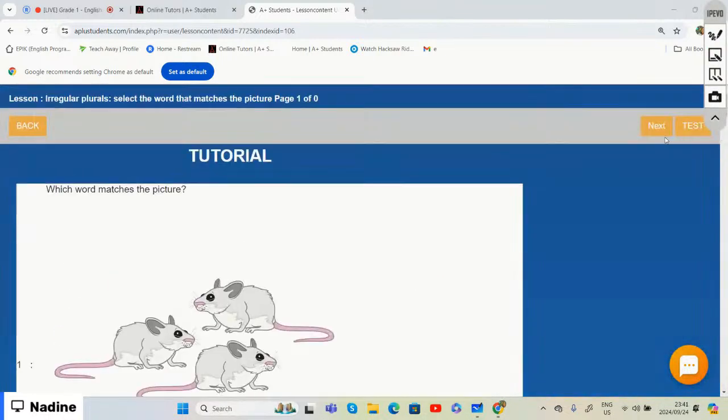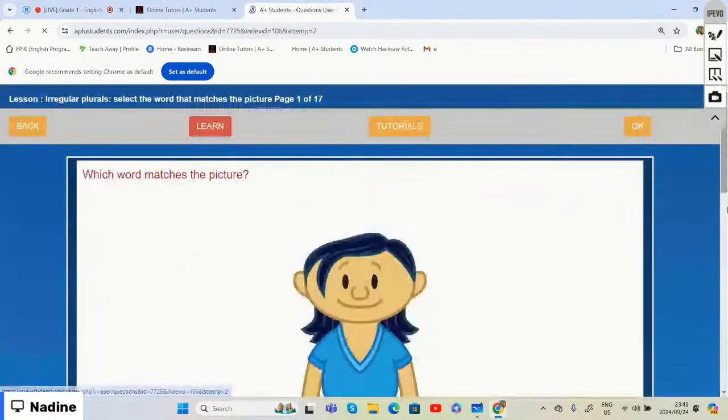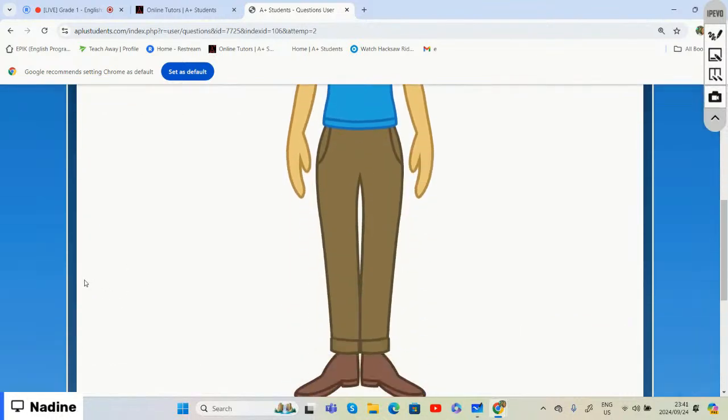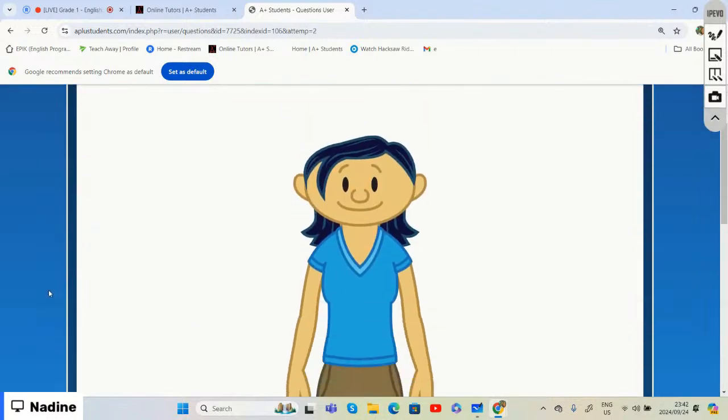All right, so now let's go to our test where we are going to select the word that matches the picture, irregular plurals. Here we have one person, right?